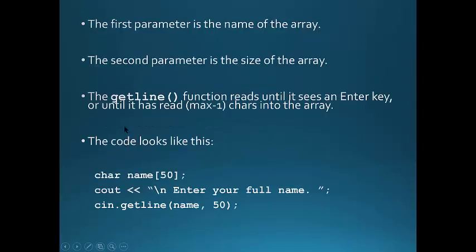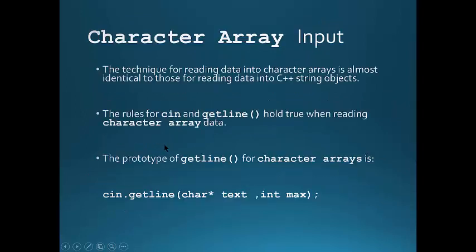Remember, character arrays are pointers. So this is a pointer to char, and text would be a pointer pointing to the first character in the character array, and so this is one way of passing in an array.